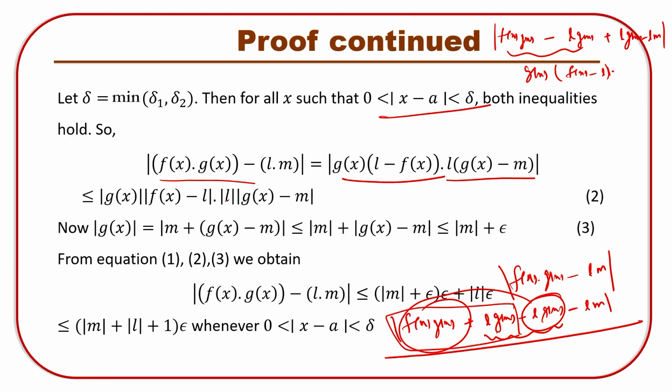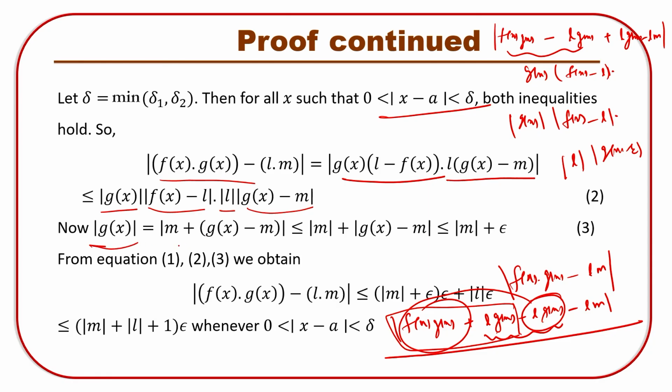So you will get |g(x)| into |f(x) − L|, and then you will get |L| into |g(x) − m|. All of this is |g(x)| into |f(x) − L| plus |L| into |g(x) − m|.